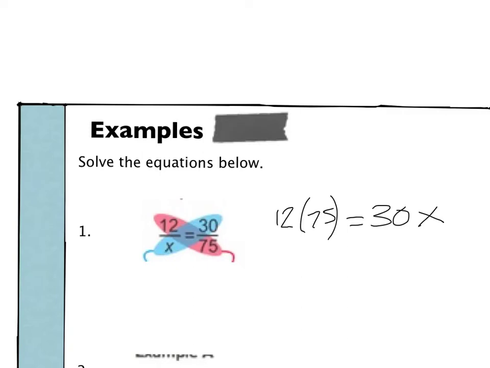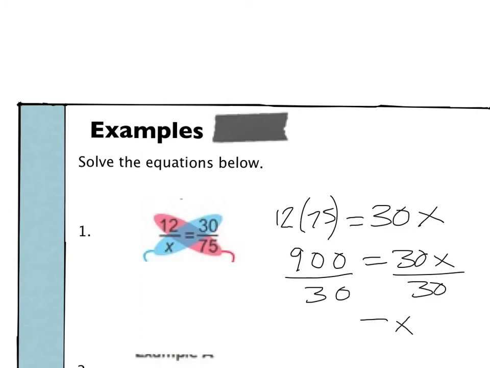Now I'm going to simplify on the left, because 12 times 75 is 900, and that equals 30x. So divide both sides by 30, and now I find that x equals 30. And if I wanted to, I could put 30 back in that spot for x, and I would get an equivalent set of ratios.